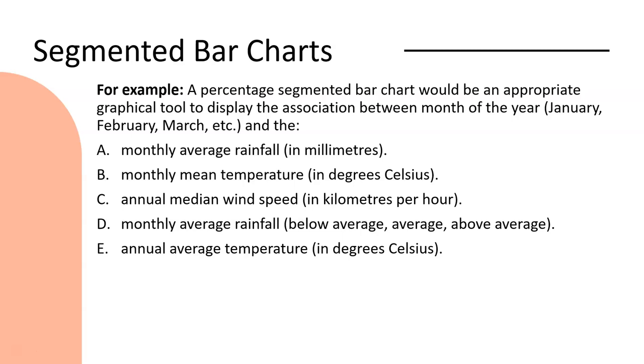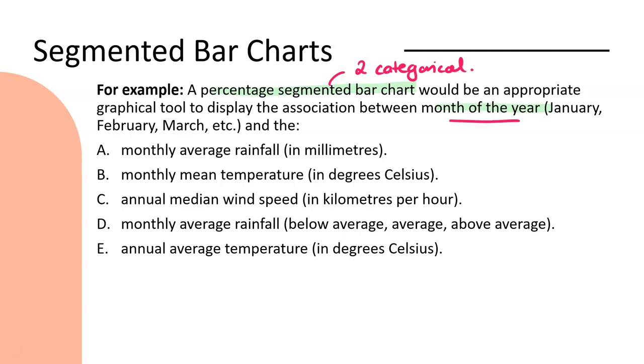So here we've been told that we have a percentage segmented bar chart, and we're saying it's an appropriate display to show the association between the months of the year, given as Jan, Feb, March, so on, and a second variable. So at this point, we need to know that a segmented bar chart is for showing the relationship or the association between two categorical variables.